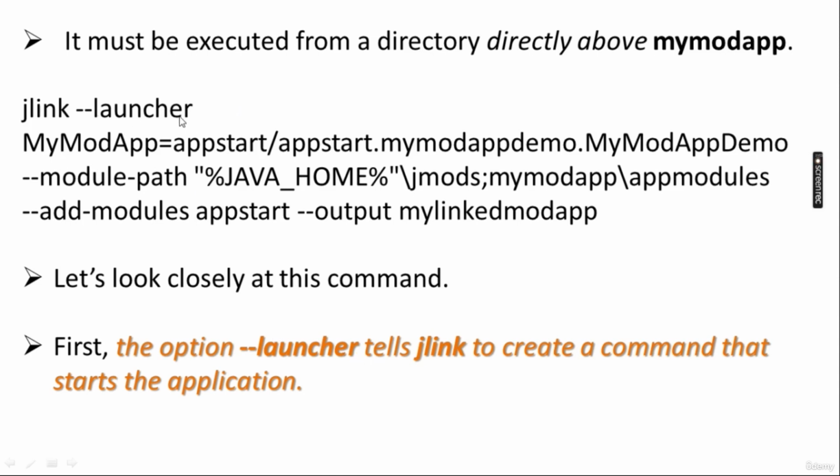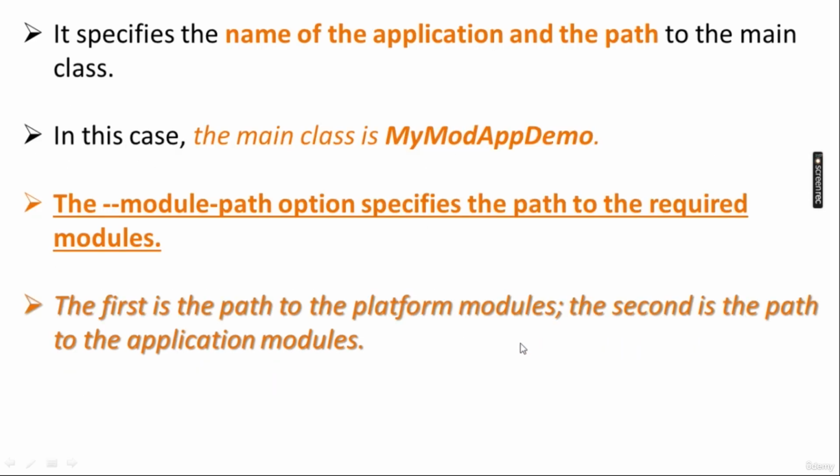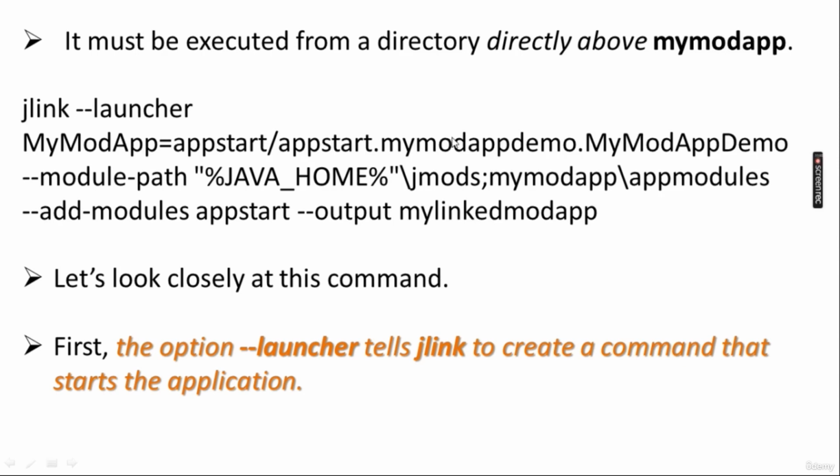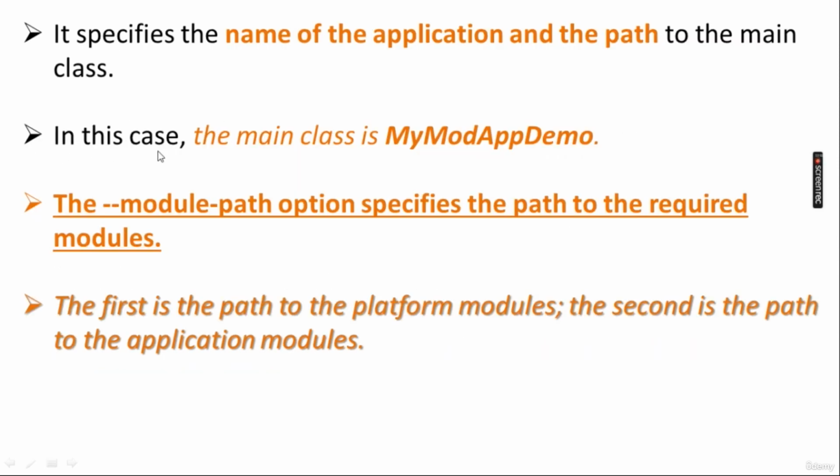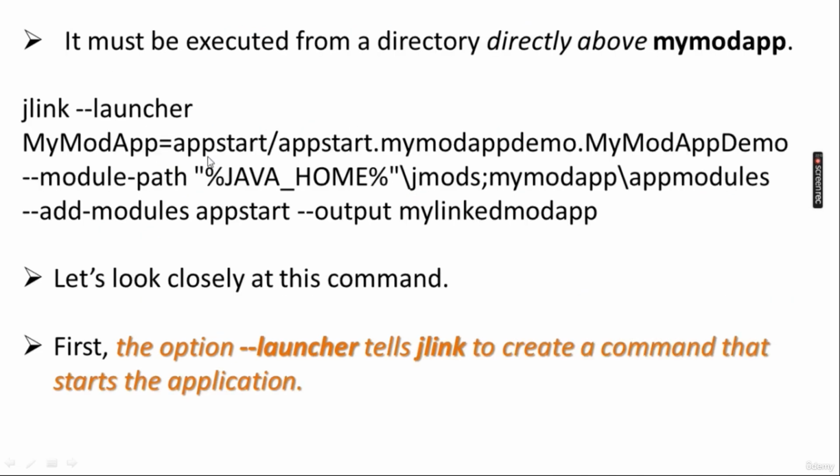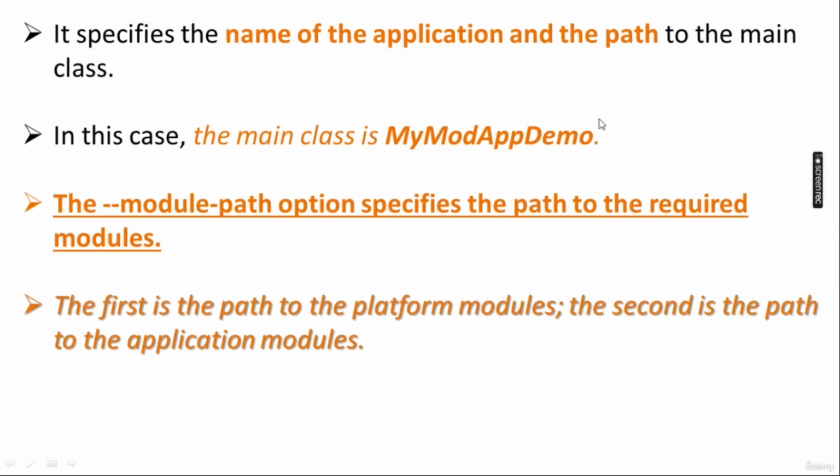So this launcher will create a command that will launch your project, and it specifies the name of the application and the path to the main class. The main class is MyModAppDemo, from abstract.mymod.app.demo. This is the name of the application and the path.